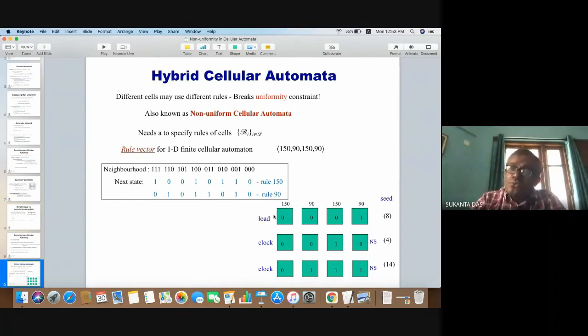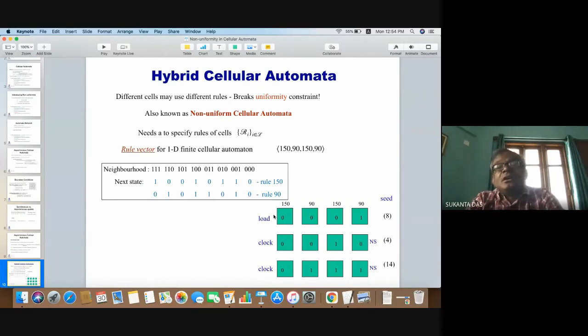In the last 3 or 4 decades, especially after the late 80s, cellular automata have been used in the domain of technology, for example cryptography, random number generators, and VLSI circuit testing. In several cases cellular automata have been used, and for all of these cases, hybrid cellular automata are used.